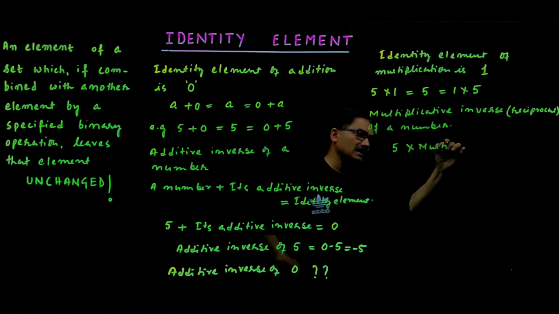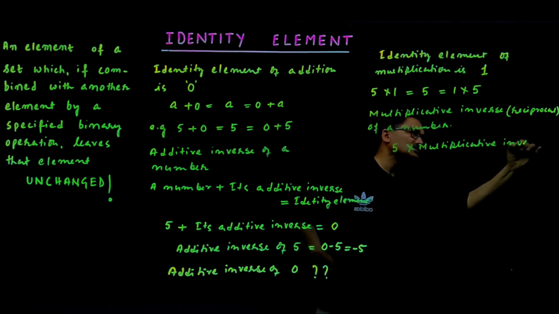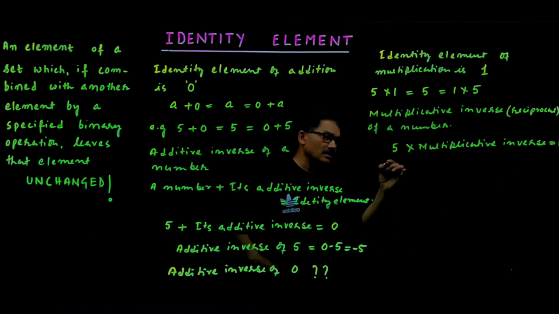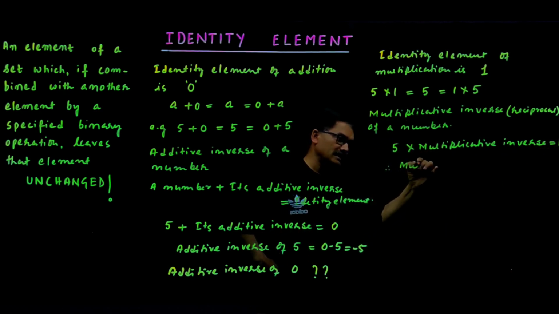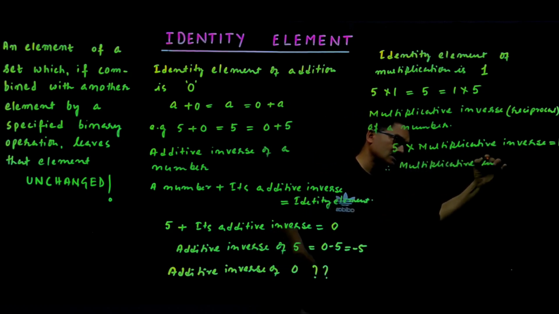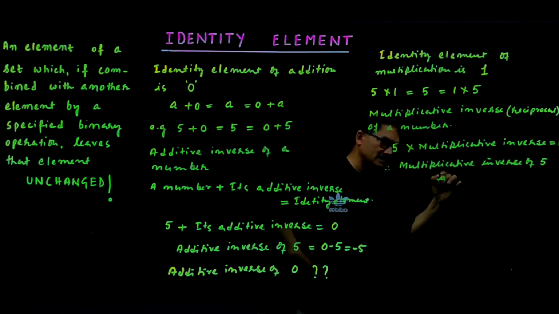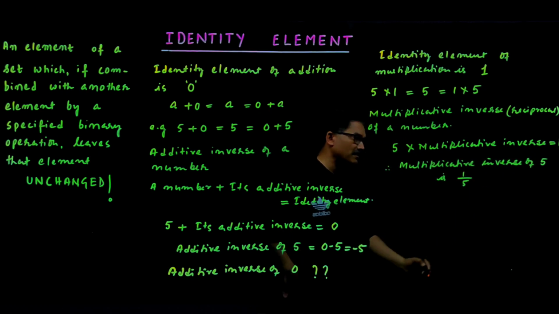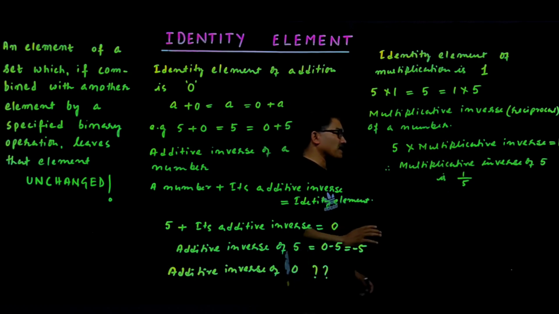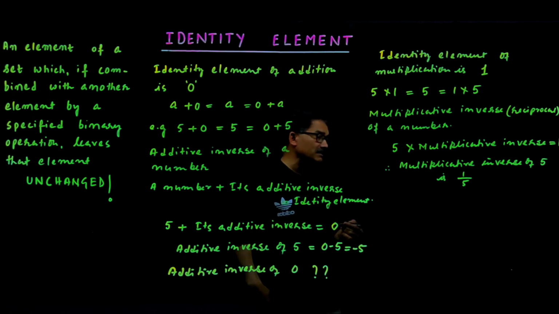So 5 multiplied by its multiplicative inverse, which is also known as reciprocal, is going to give you the result 1, and therefore the multiplicative inverse of 5 is 1 upon 5. Conversely, 1 upon 5 is the multiplicative inverse of 5, or you can say 5 is the multiplicative inverse of 1 upon 5. What is the multiplicative inverse of 0?